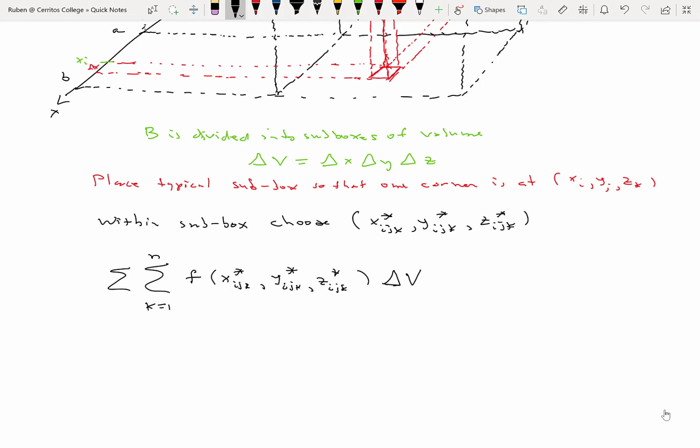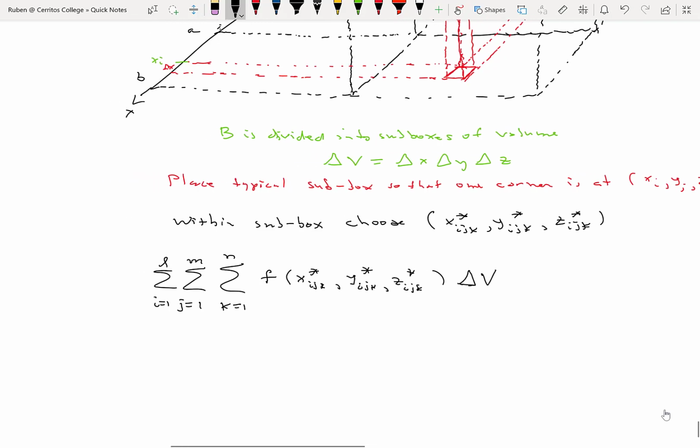Then I'm going to sum in the y direction as j varies from 1 to m, the number of subintervals along the y-axis from c to d. Then I'm going to sum those results in the x direction as i ranges from 1 to L, the number of subintervals along the x-axis. I'm going to take the limit as the number of subintervals along each axis approaches infinity.